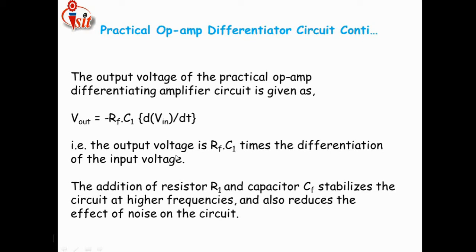That is, the output voltage is RF C1 times the differentiation of the input voltage. That means RF C1 is the differentiation constant factor related to the input terminal. The addition of a resistor R1 and capacitor CF stabilizes the circuit at a higher frequency and also reduces the effect of noise.